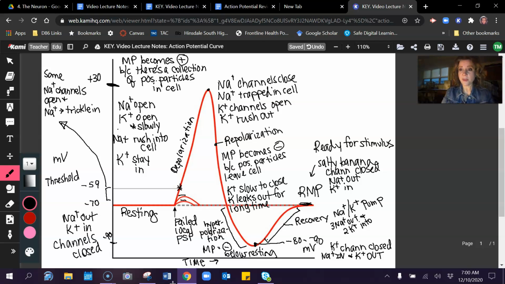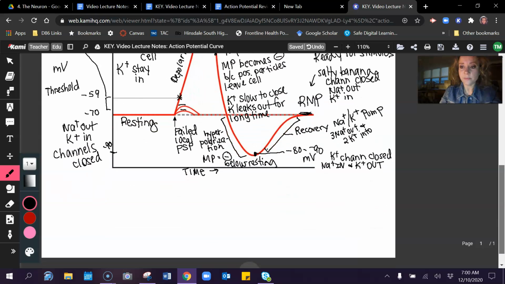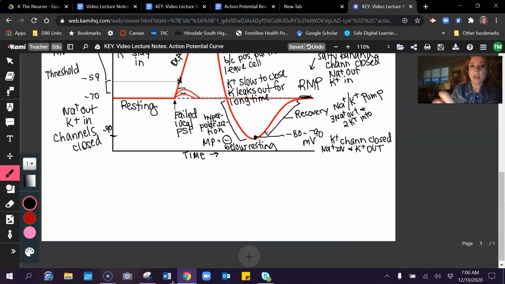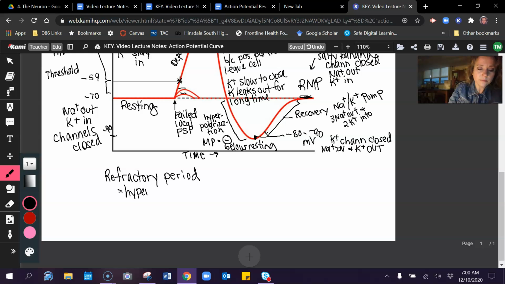So there's one more thing that I just wanted to mention about this graph, and that is our refractory period. Now, our refractory period is going to include hyperpolarization and recovery.